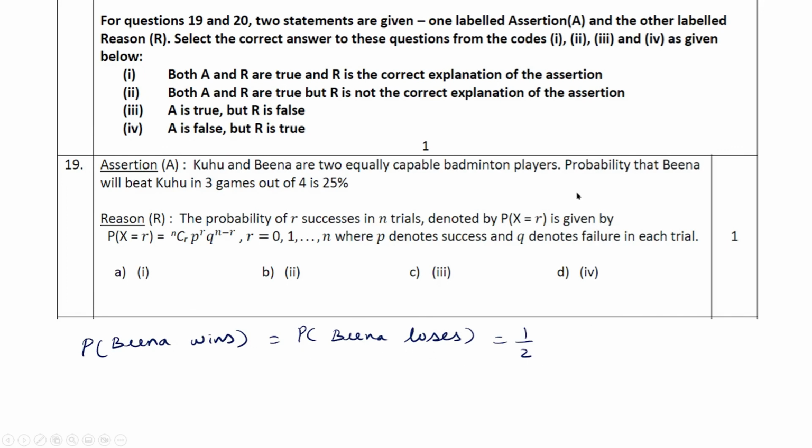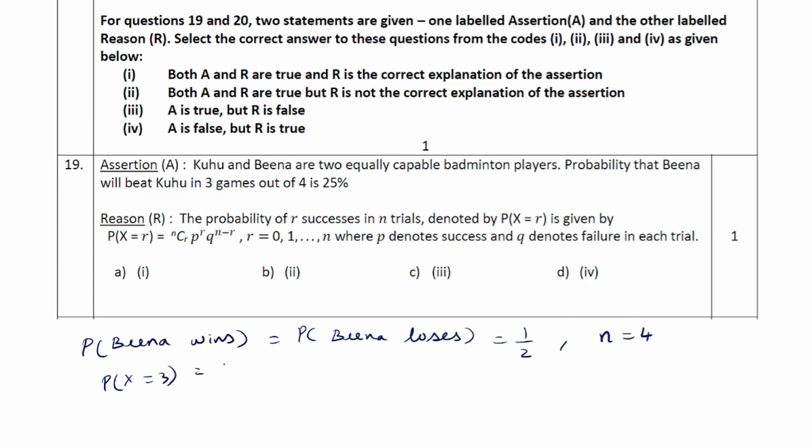And then it is given probability that Beena will beat Kuhu in 3 games out of 4 is 25%. So here n is 4. So this is a binomial distribution and we need to find probability of x is equal to 3. So this is the formula for finding probability of R successes. That is probability that Beena will beat Kuhu in 3 games. It is given by probability of x is equal to 3.